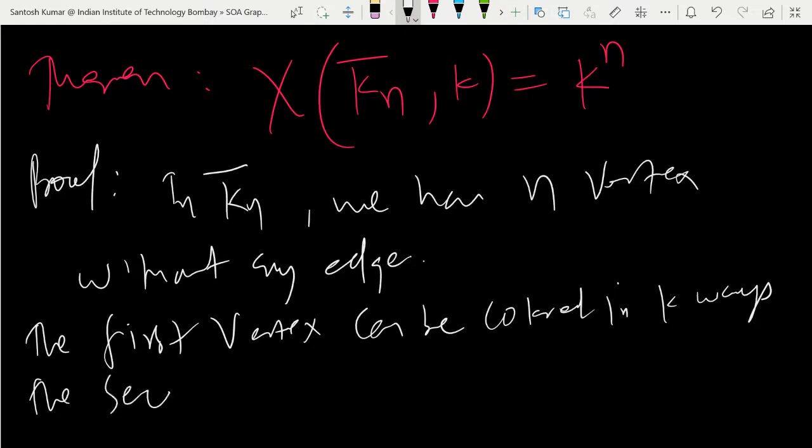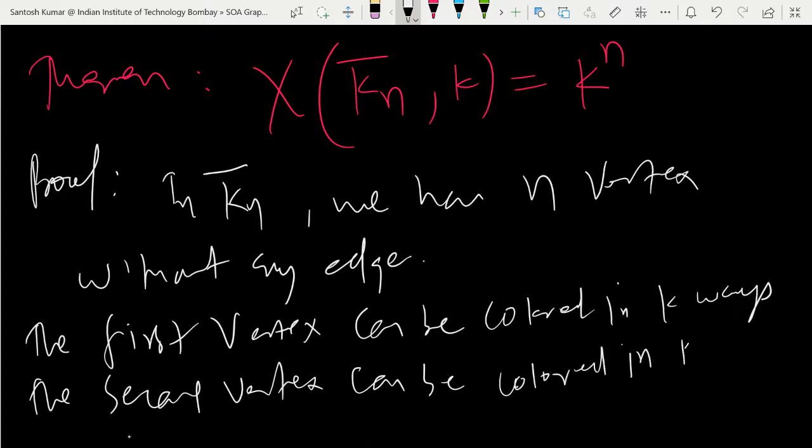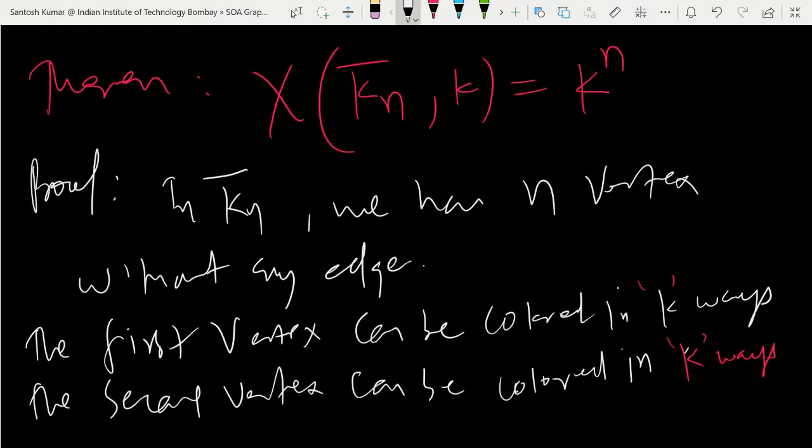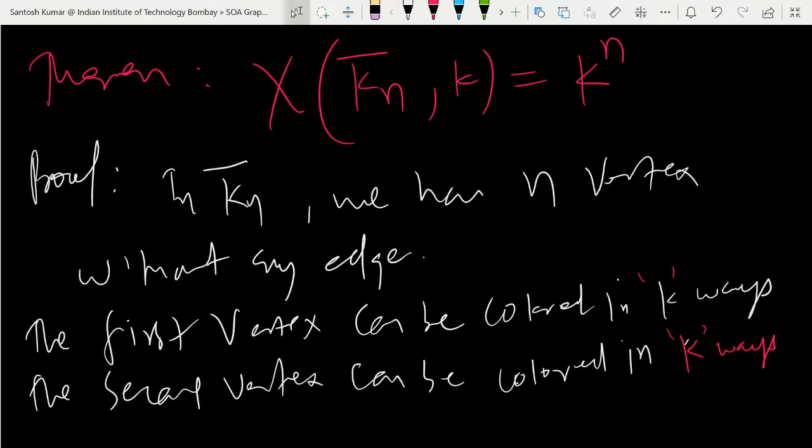The second vertex can be colored in how many ways? K ways. Again you have k ways because there are no restrictions. All are non-adjacent vertices, so you don't have to care about different colors on adjacent vertices.